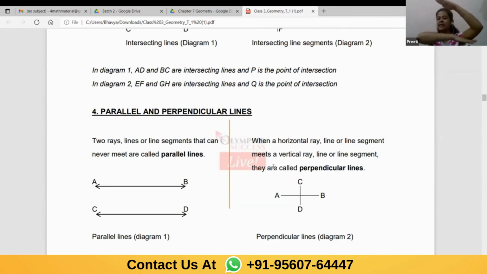Then it becomes slanting, and see, if I do it like this, is it looking like two sleeping lines? No, this is looking slanting. So the condition is either both should be slanting or both should be sleeping or both should be standing. Only then they will become parallel lines. The other condition is that they have to maintain the same distance between them throughout.